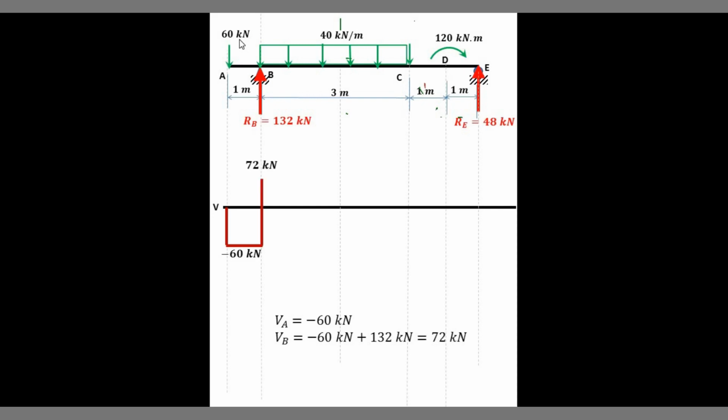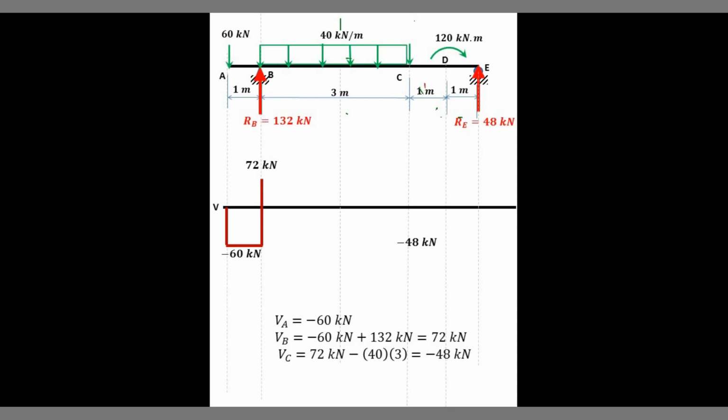Straight line lang di. Then, from B to C, as you can see there, that is a uniformly distributed load. So, I stopped at 72 kilonewtons since downwards yung direction ni 40 kilonewton per meter. So, you have to subtract that one. 72 minus 40 times 3, that is negative 48.